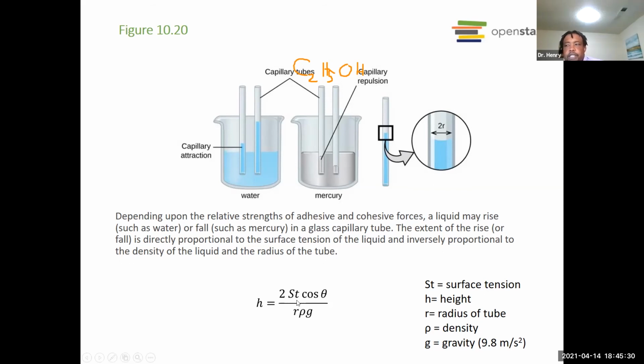I use ST here; in your book, it uses T. I didn't want to use T because I didn't want you to mistake it for temperature. Times cosine theta, that means the angle that the capillary is held at. And then r represents the radius of the tube, rho represents density, and g represents gravity. Okay.